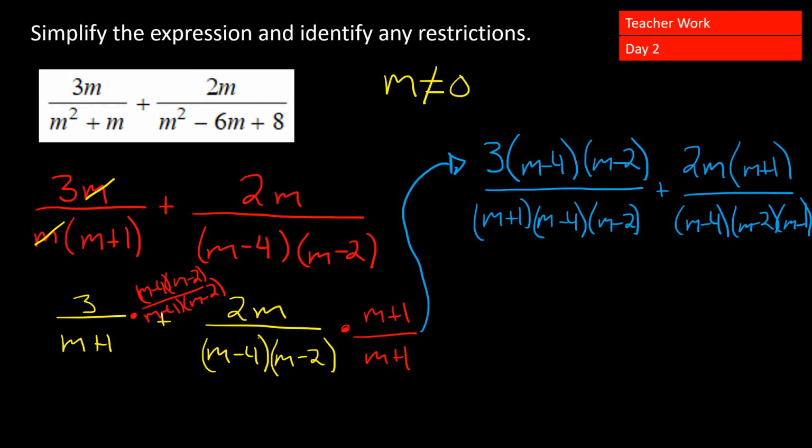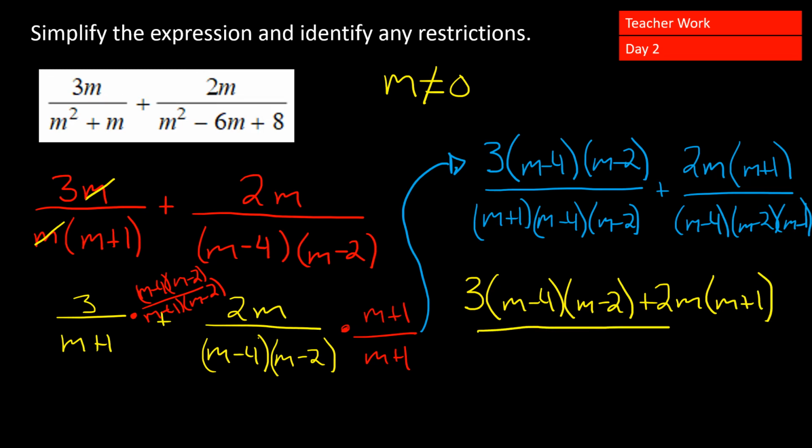And your final answer here, when we add these up, would be (3m - 4)/(m - 2) + 2m/(m + 1) over (m + 1)(m - 4) and (m - 2).